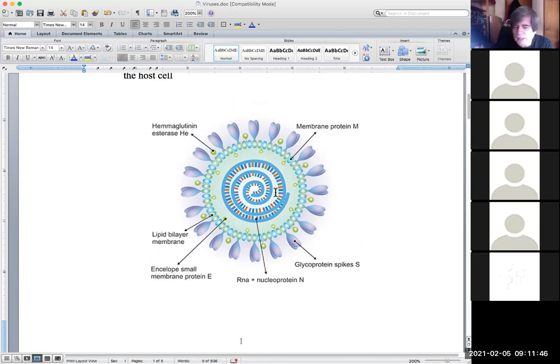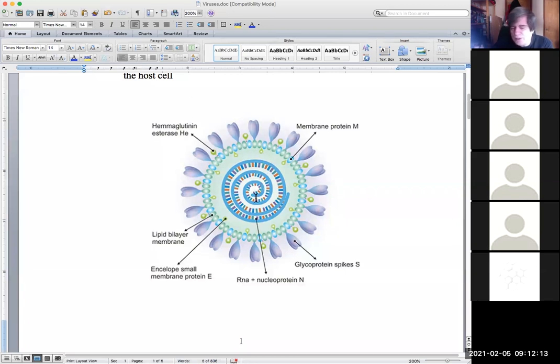So when we look at this, you can see all these little colored lines on the inside. These little colored lines are the nucleic acid. So this is the instructions to make the viral proteins. And in the case of this virus, we find proteins in 3 different regions.